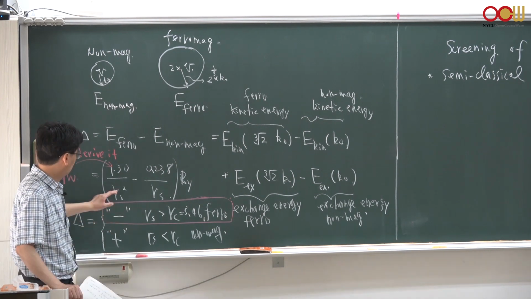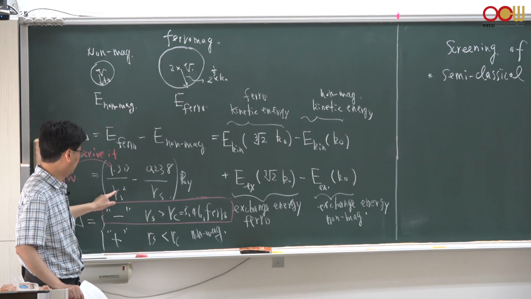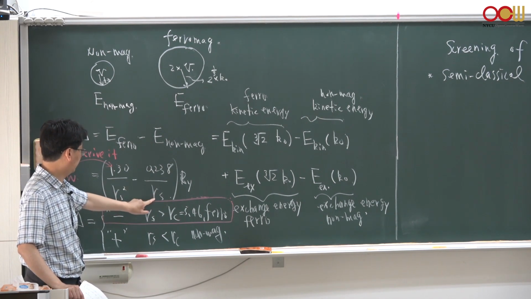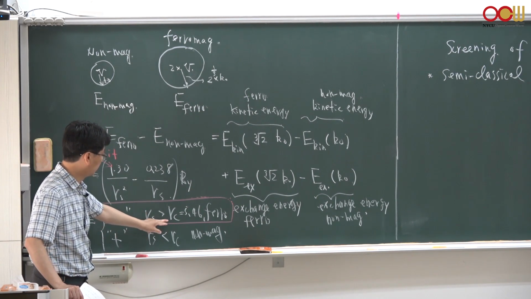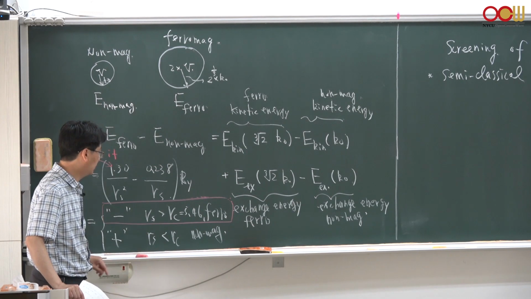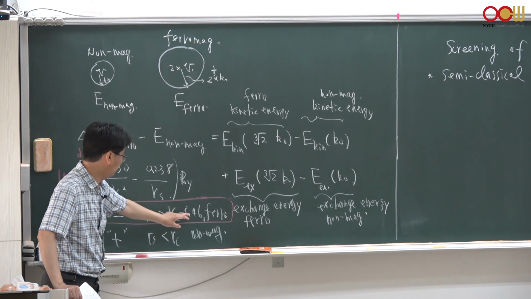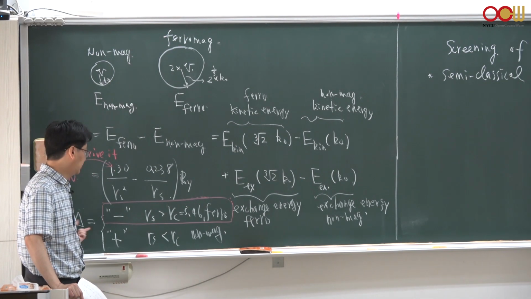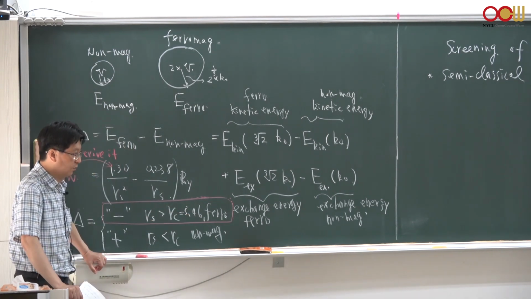So the first term is 1.3 divided by Rs squared, and the second term is negative 0.238 divided by Rs. So you can see that if Rs is larger than this critical radius Rc, which is about 5.5, then this delta, the energy difference, is negative, which means that the ferromagnetic state is more stable.